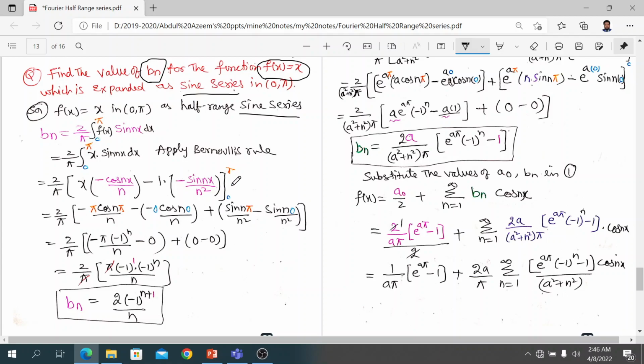Minus into minus plus sine n pi by n square minus sine n0 by n square. This one minus pi cos n pi, minus 1 power of n by n. This is 0 and this is 0. Answer will be 2 by pi minus 1. See here, minus 1 and minus 1 power of n become minus 1 power of n plus 1 by n. 2 pi cancel. Bn is the answer.